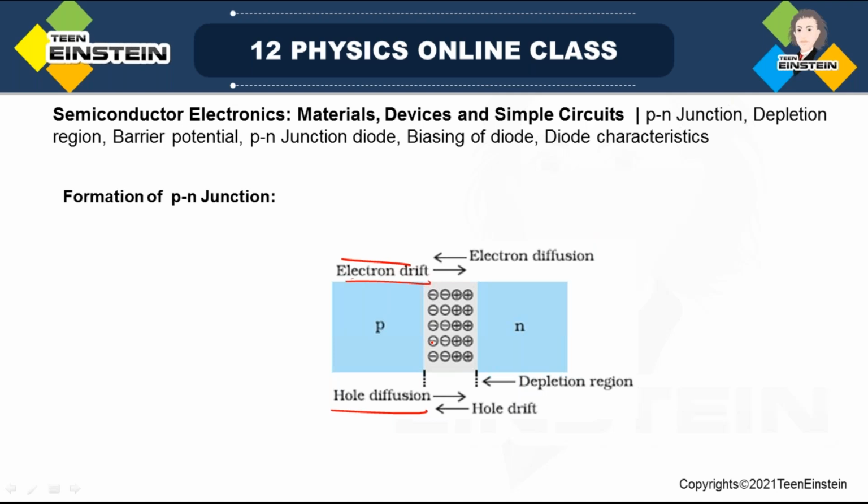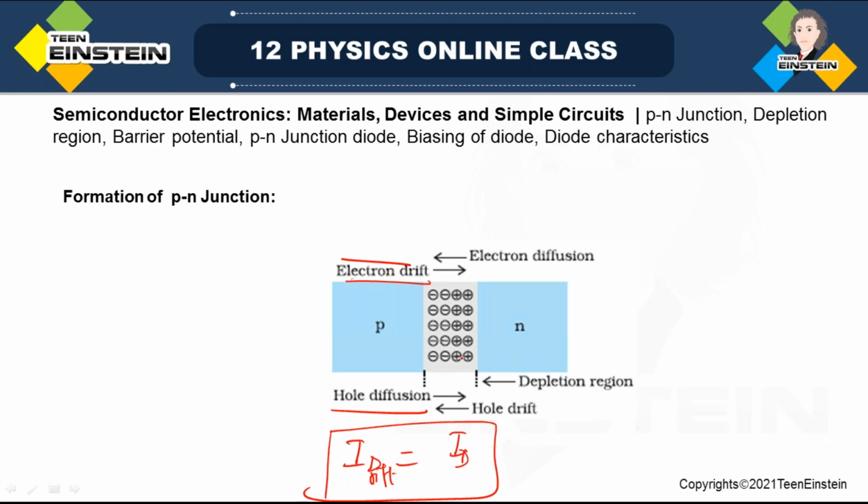So this is how the junction will be forming, but at a certain time there will be an equilibrium state when the drift current and diffusion current become the same. Drift current and diffusion current both are the same.